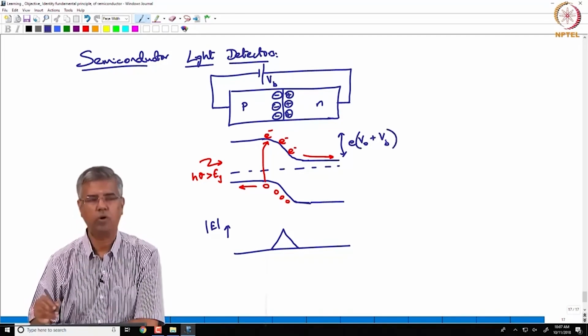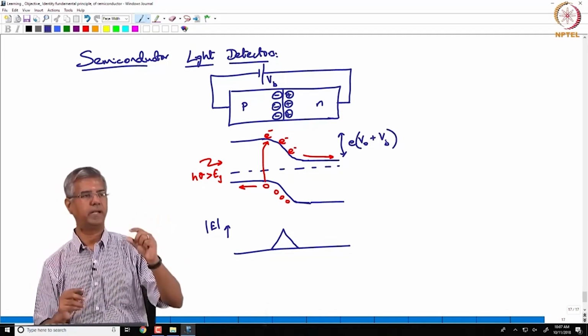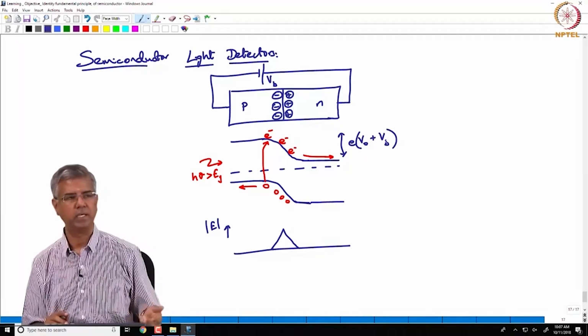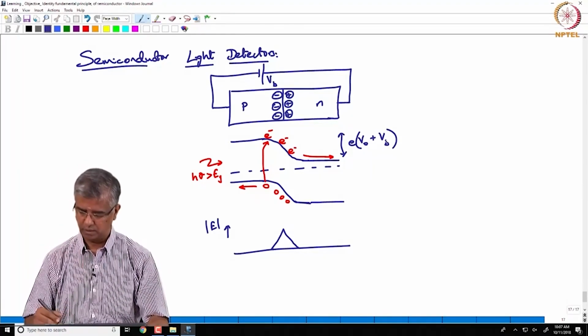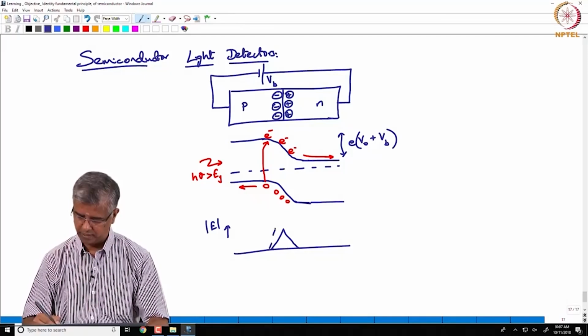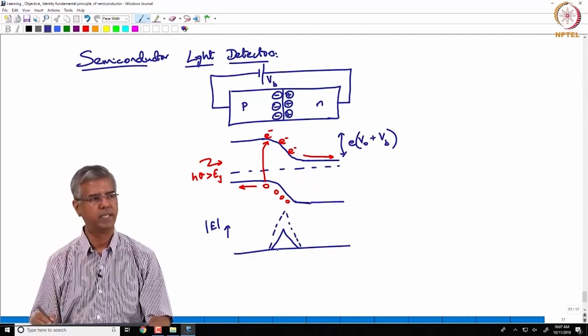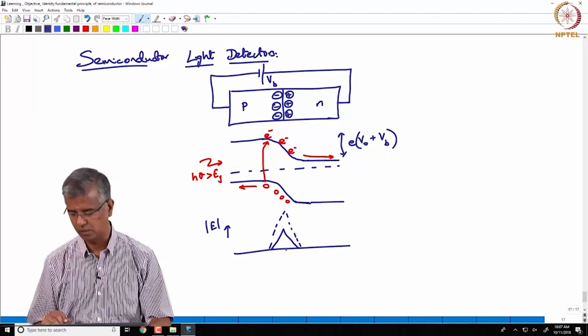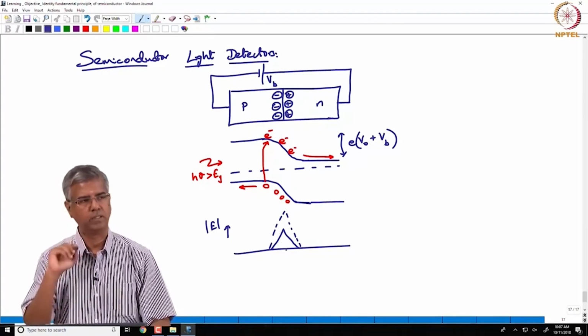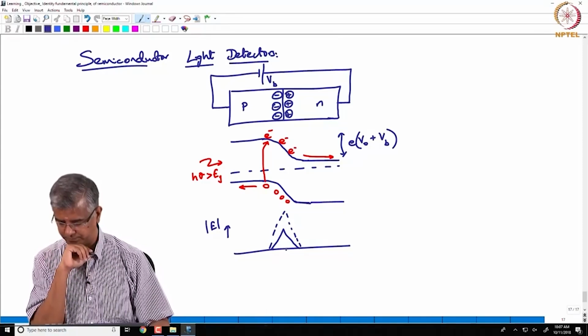In the forward bias case, we were saying that the barrier height gets reduced, but here we are saying it results in an enhancement of the barrier. So, the corresponding electric field gets enhanced in the presence of this external bias.